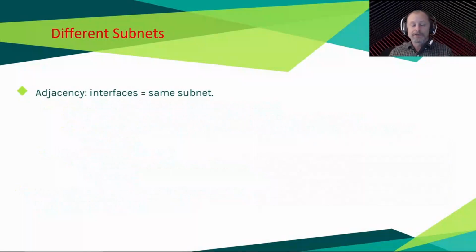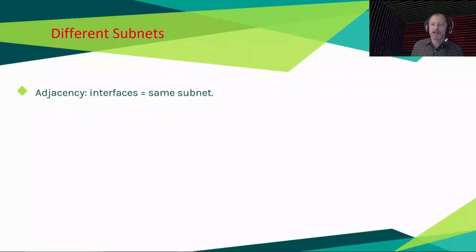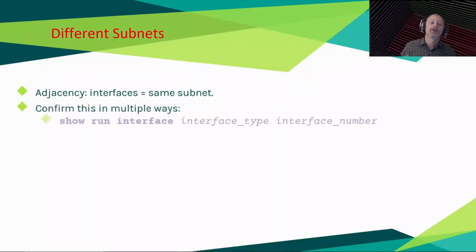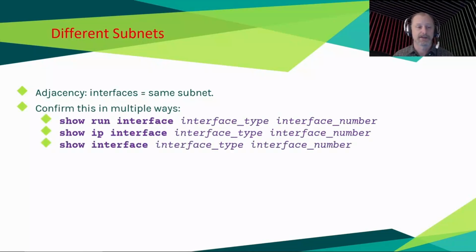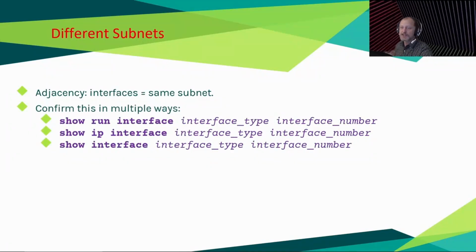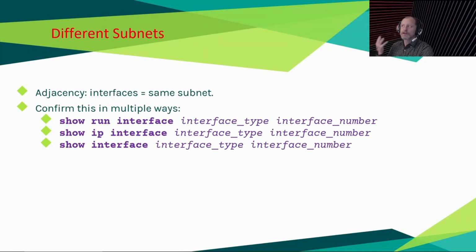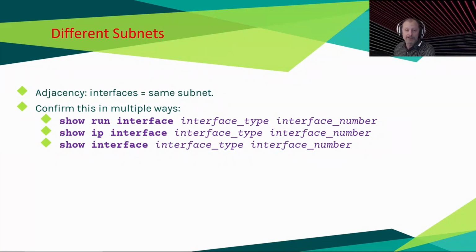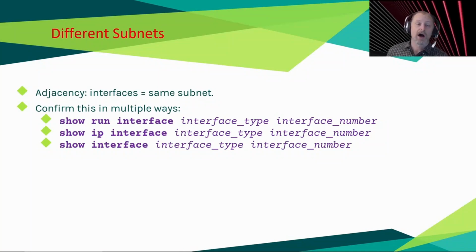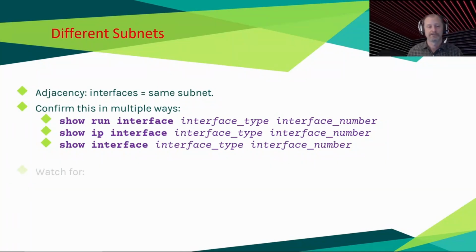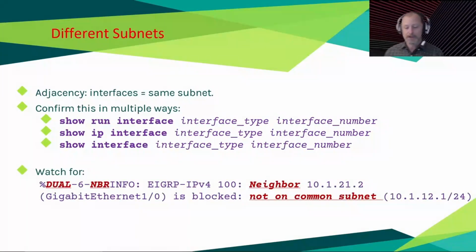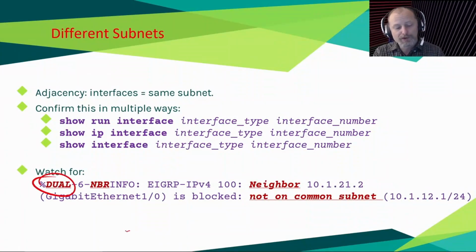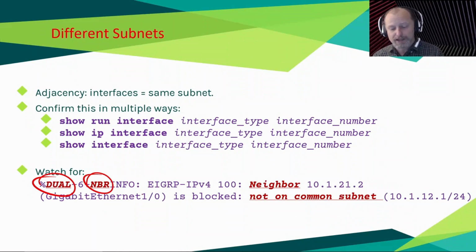Now, in order for the adjacency to form, they have to be in the same subnet. Multiple commands to verify this. Okay. Essentially, just whatever you do to verify the actual IP address and subnet mask on two interfaces that are connected on two different routers. But notice here, a problem with dual neighbor information.